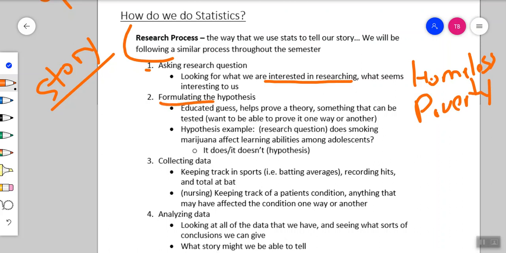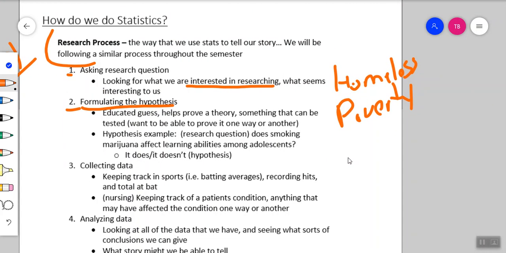Then formulating a hypothesis is the second step, and we'll go into more definition of what a hypothesis is. If you've identified a problem, for instance, in our example here of homelessness and poverty, if you think these things are related to each other, your hypothesis would be saying why.